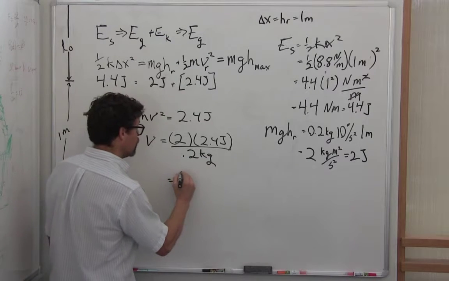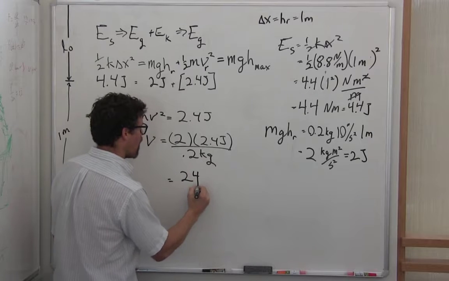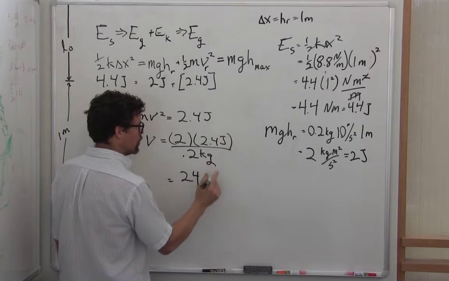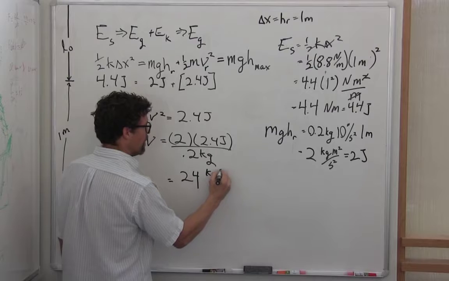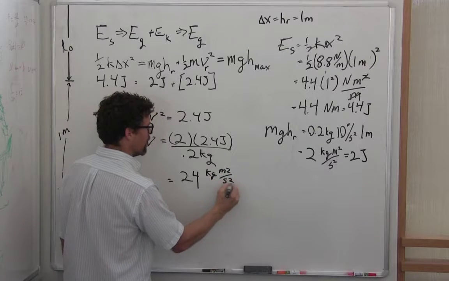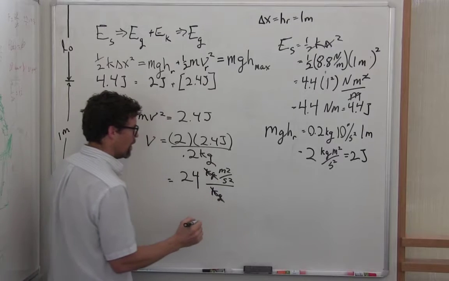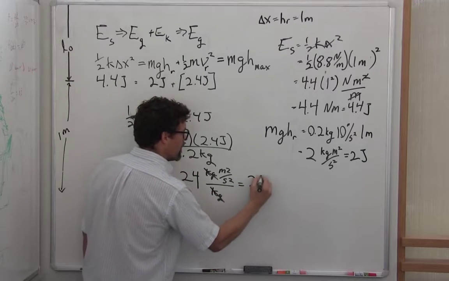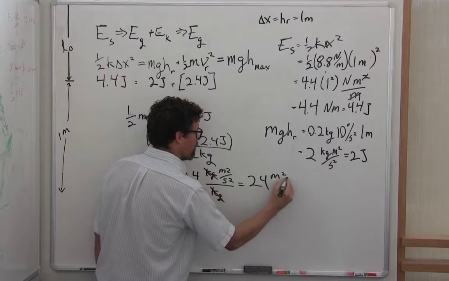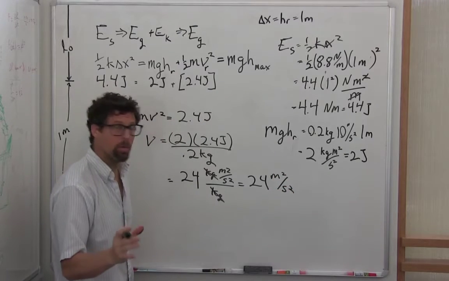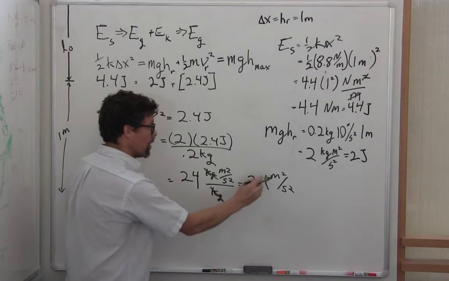And that's equal to 24, and a joule is a kilogram meters squared per second squared, divided by kilogram, giving me 24 meters squared per second squared. Oh no, that's the wrong units.